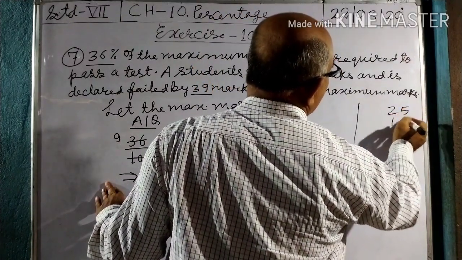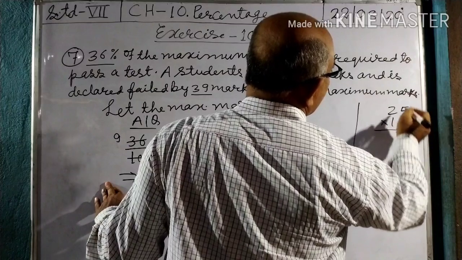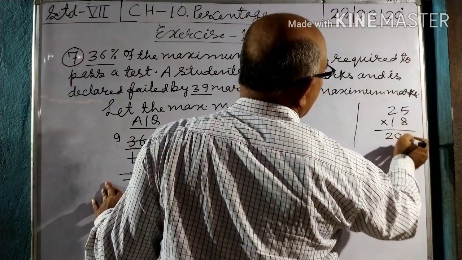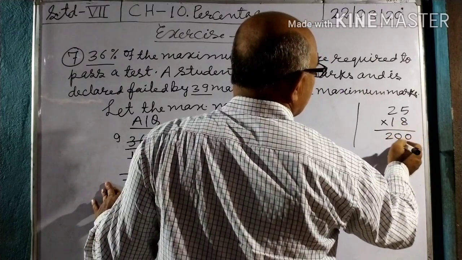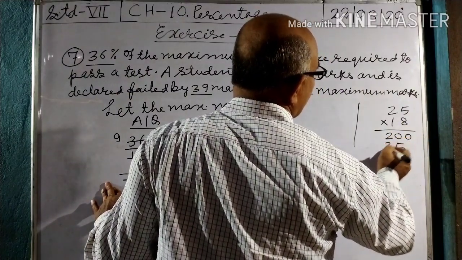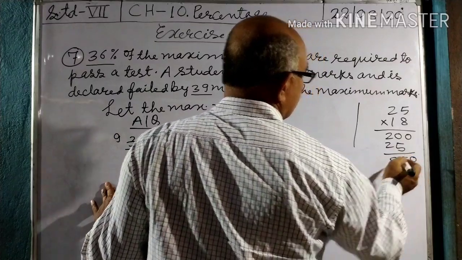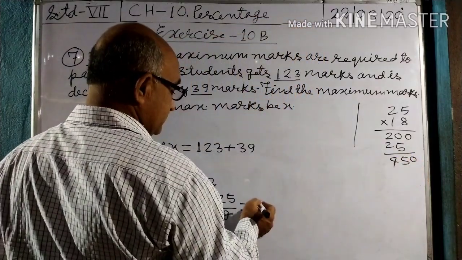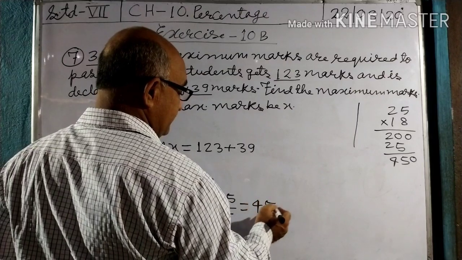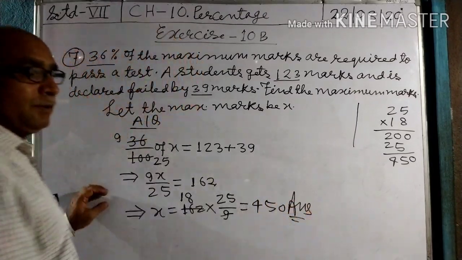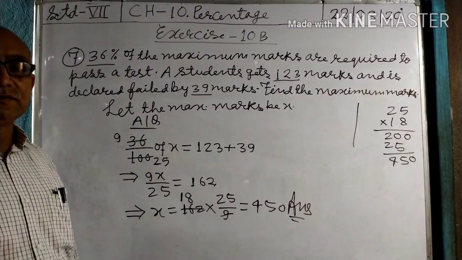So 25 multiplied by 18. 25 eights are 200 and 25 ones are 25, 450. So maximum marks is 450. Answer of this question. Write it.